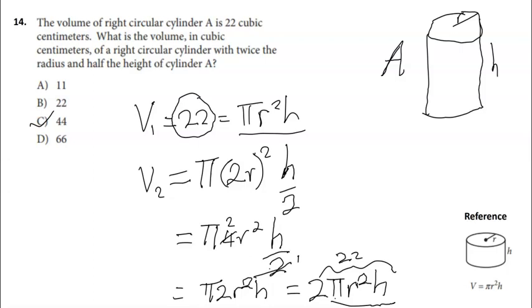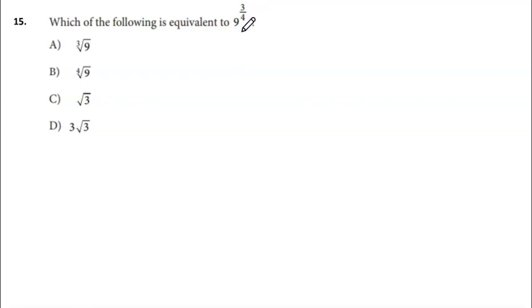Question number 15. All right, this is a question on indices, right? So we have 9 raised to the power 3 over 4. We want to see which one of these is equivalent, right?